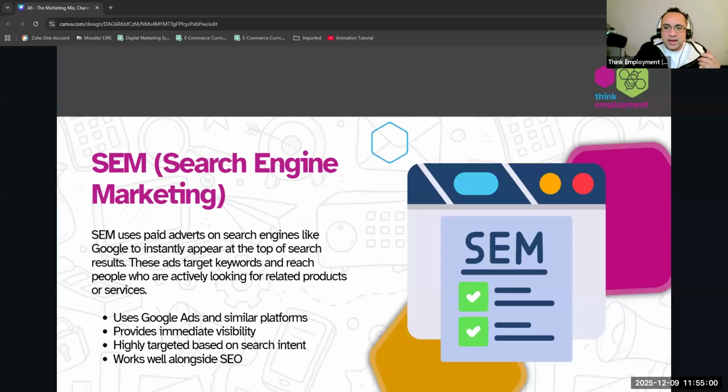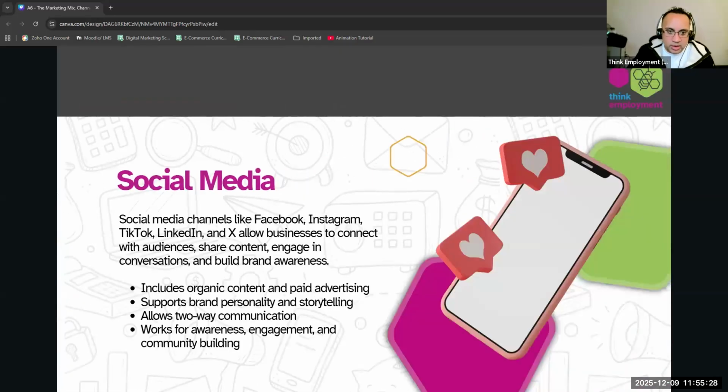So think of SEM as a shortcut to the top of Google. It's perfect if you need instant traffic, or if your business is brand new. But remember, the moment you stop paying, you're invisible. It goes, okay? So it's a short-term fix, getting yourself ranked at the top of the search engine, but it's costly, which is why it's short-term. For a new business, it may not work.